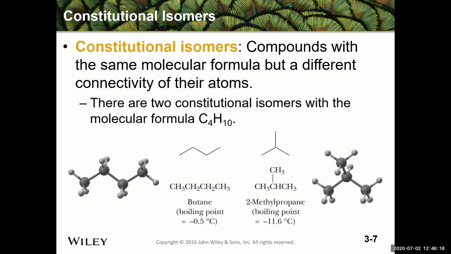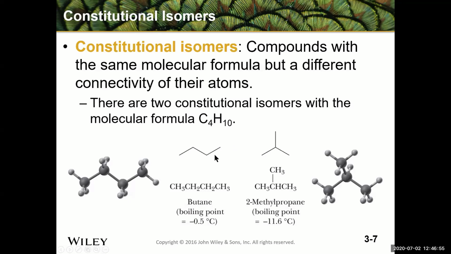That means that two or more constitutional isomers of alkanes have the same number of carbon and hydrogen atoms, but they contain a different bonding arrangement of the carbons, okay? So each bonding arrangement is a different compound. It has different physical and chemical properties, okay? Even though they have the same molecular formula, like C4H10.